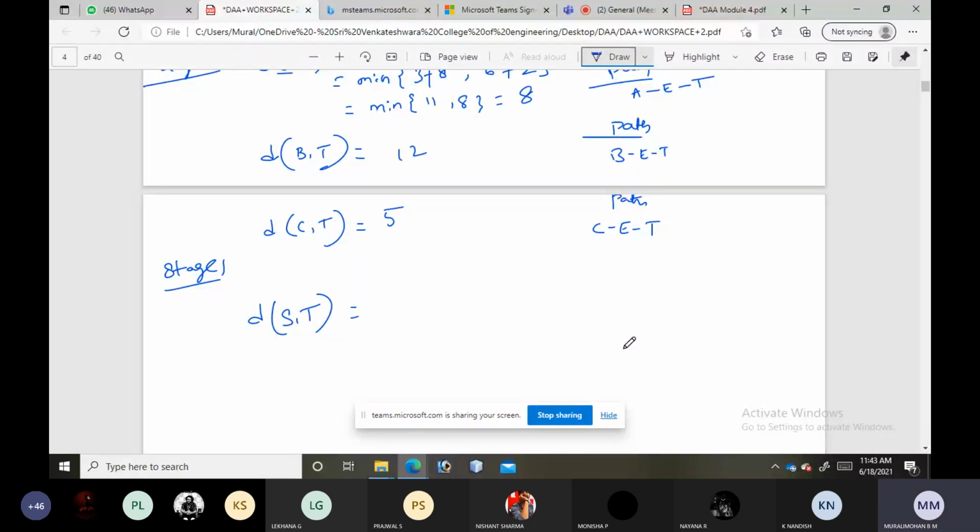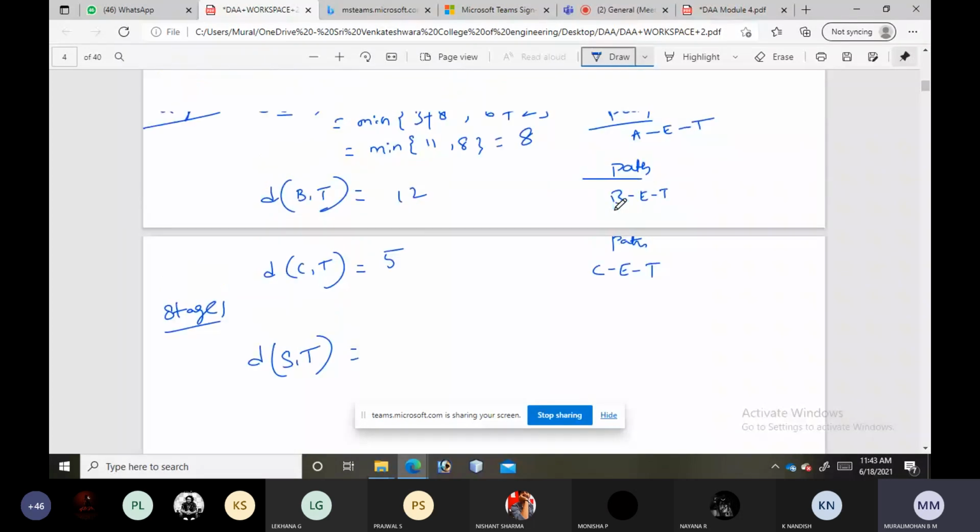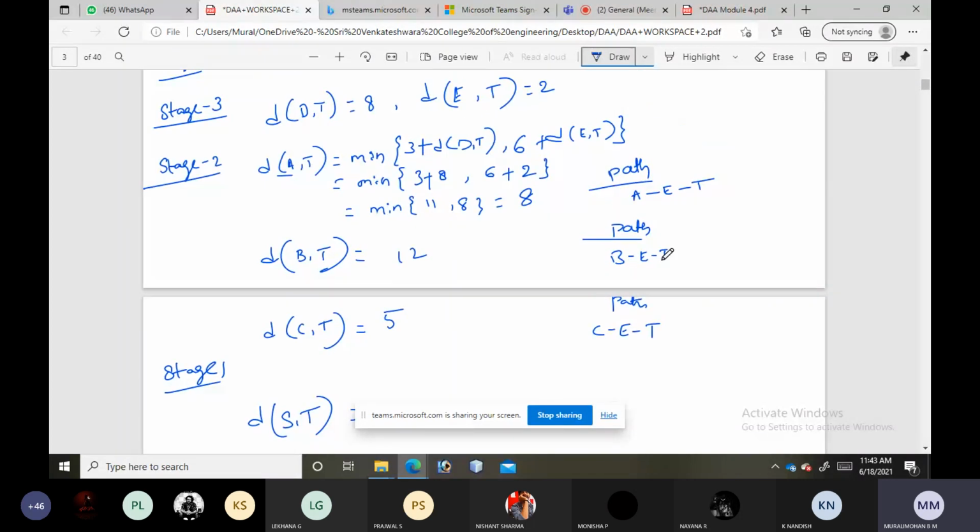So you can reuse the paths which are already selected as the shortest distances. So A to T path is there. Next we considered B to T path as the shortest. Next we considered C to T as the shortest path.